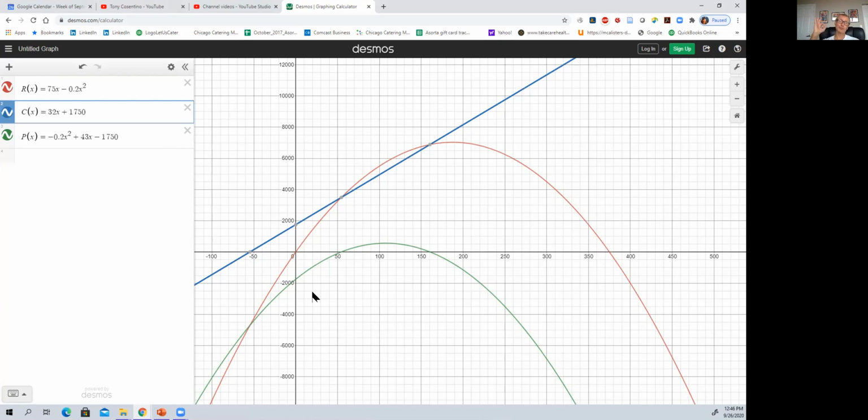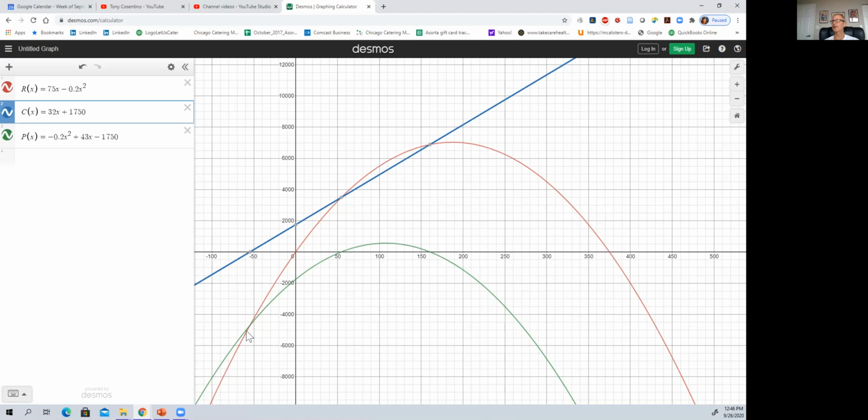So if you make 0 wristwatches, you still have to pay your rent and your insurance, et cetera. What's really interesting is where the two lines intersect here, you get our 2 break-even points. This would be our break-even point at 54.5 and then 160.5 as well. Those would be the 2 break-even points that we calculated.